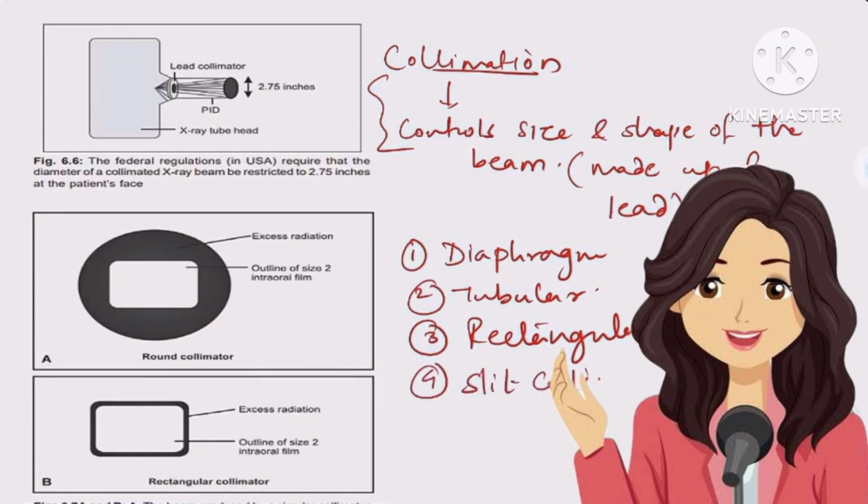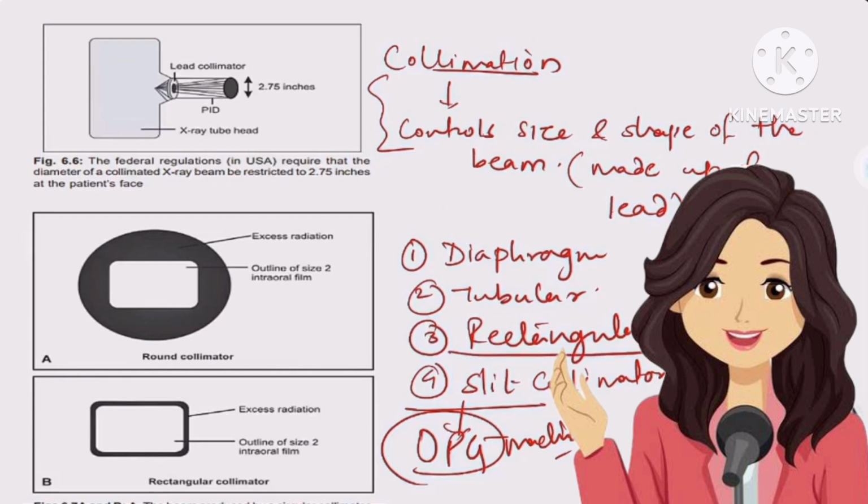These are the different types. Slit collimator is used in the OPG machine. Please write it down. Slit collimator is used in the OPG machine. Now, why rectangular? Rectangular is better as compared to round.